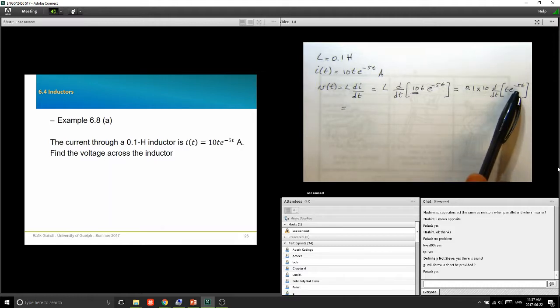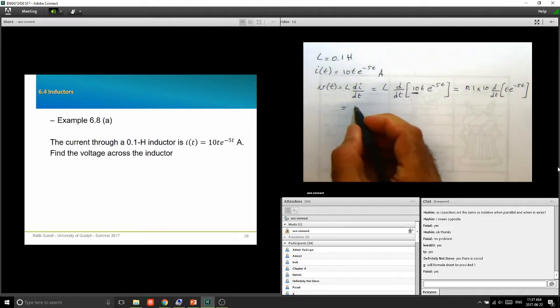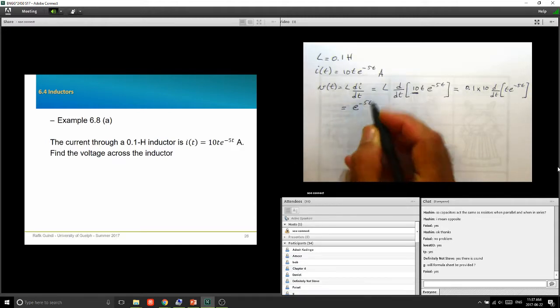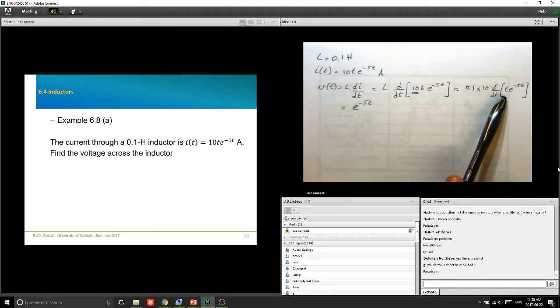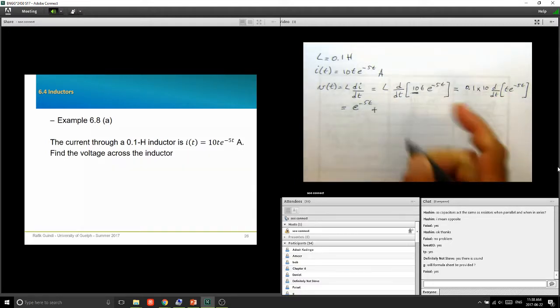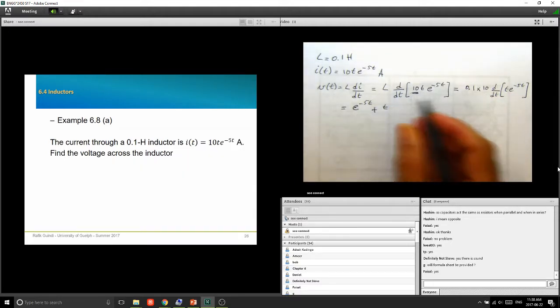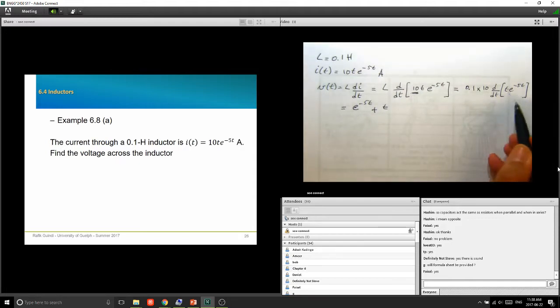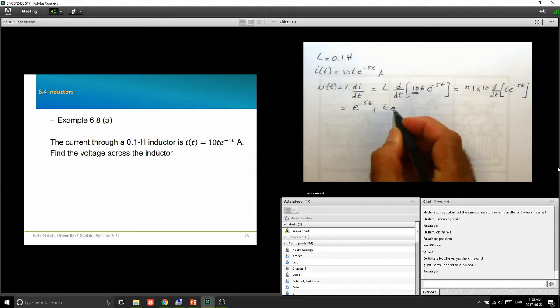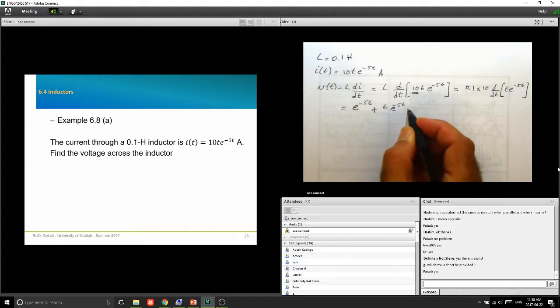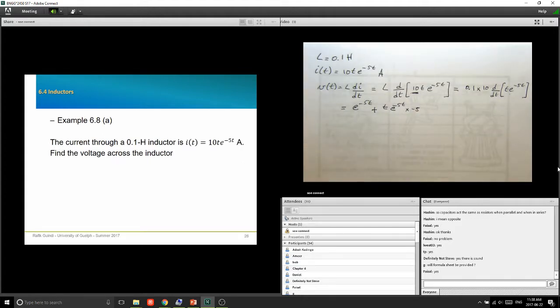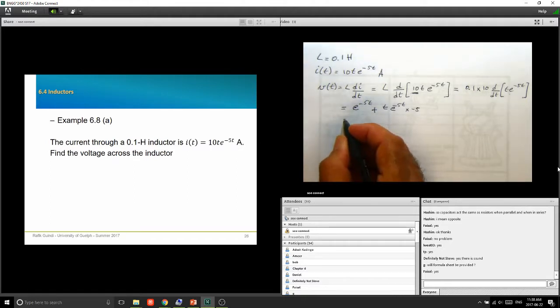So d/dt of t times e to the negative 5t is e to the negative 5t, that's the derivative of t, which is 1, times e to the negative 5t, plus, keep the t and find the derivative of e to the negative 5t, that's e to the negative 5t multiplied by minus 5. Okay?